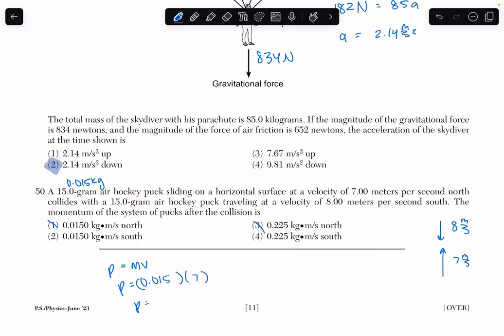The other one is 0.015 times 8. So this equals 0.105 and 0.12. They kind of just cancel out. So 0.12 minus 0.105 equals 0.015. And that will be going southward. So that's how we know it's number 2.